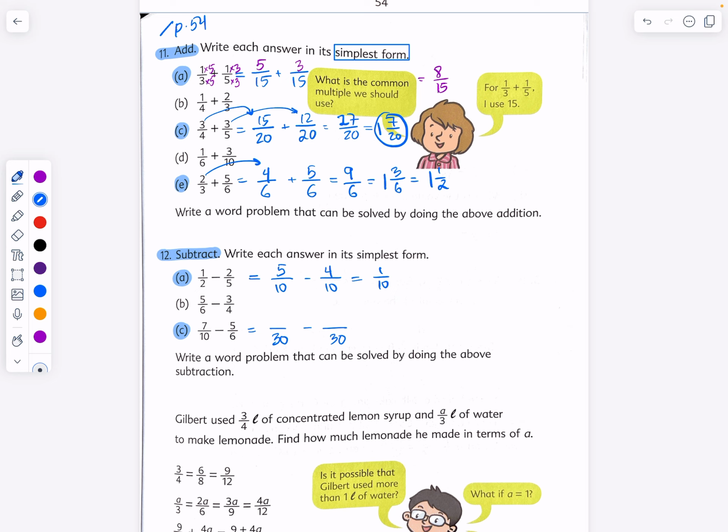Example 12C, C for Charlie. 7/10 is equivalent to 21 out of 30, and 5 out of 6 is equivalent to 25 out of 30. Write each answer in simplest form.